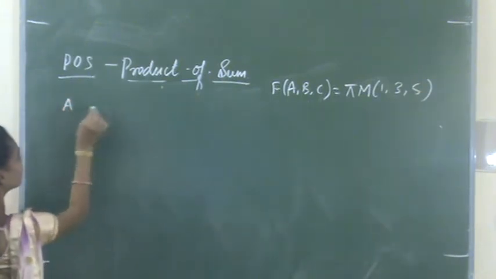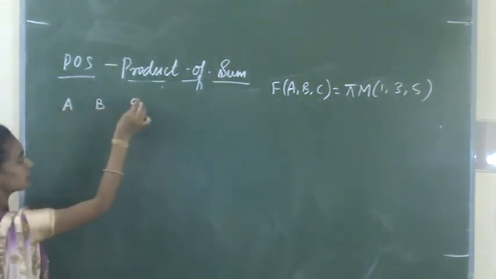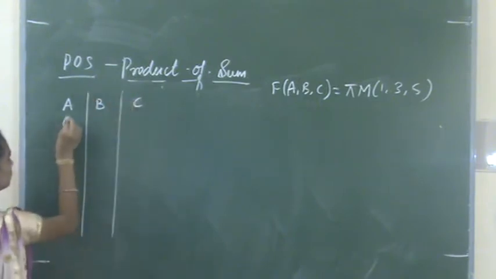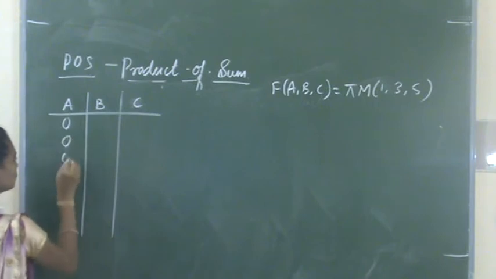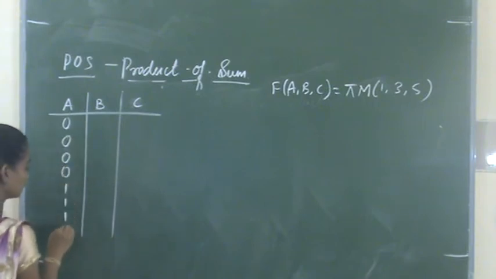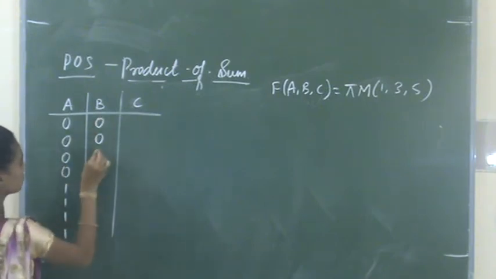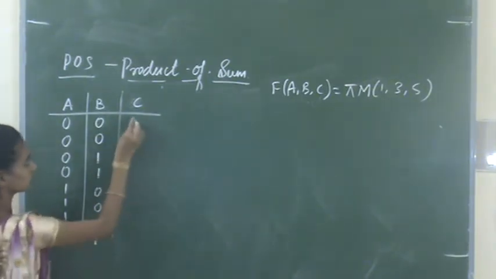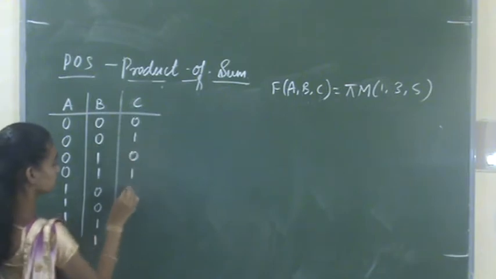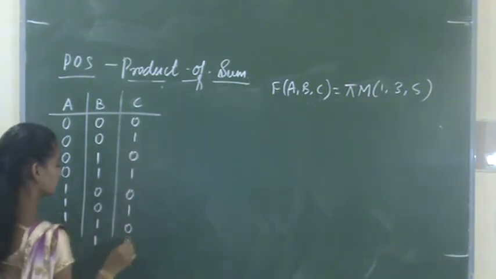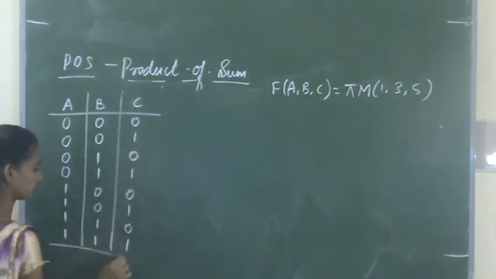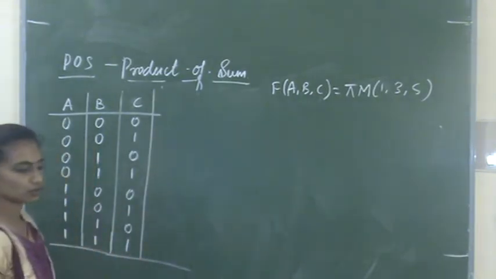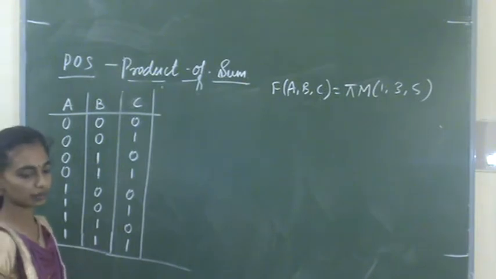So for that we need to write A, B, C. These are the different possible ways to represent the 3 variables, right?